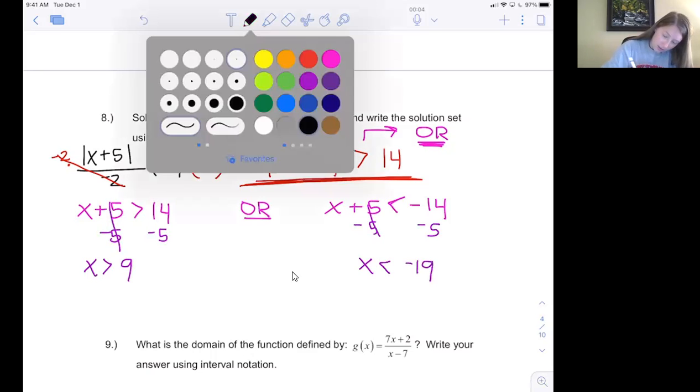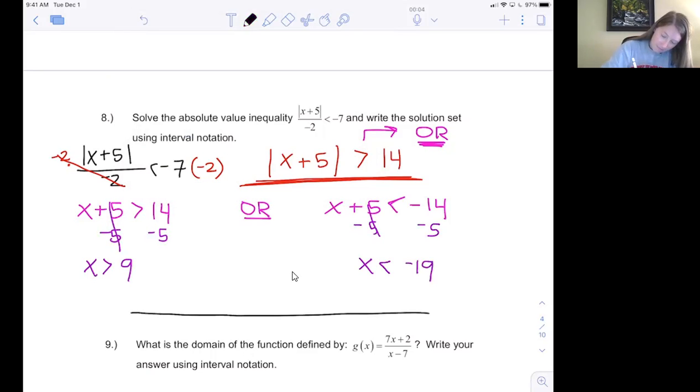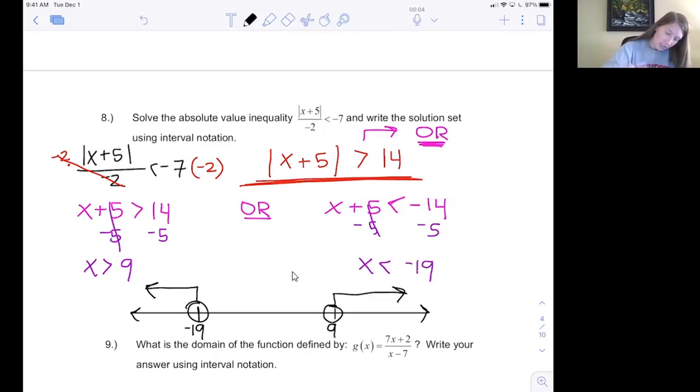Now I'm going to graph. Both my x's are on the left-hand side, so I don't need to worry about flipping them. You just got to remember smallest number on this side, -19, biggest number on this side. They are both open circles. The -19 is pointed this way, and my 9 is pointed this way. So now when I write it in interval notation, this is what I was talking about before.